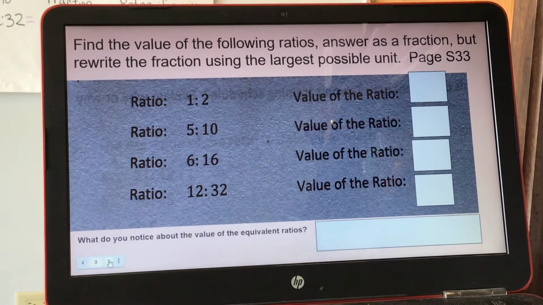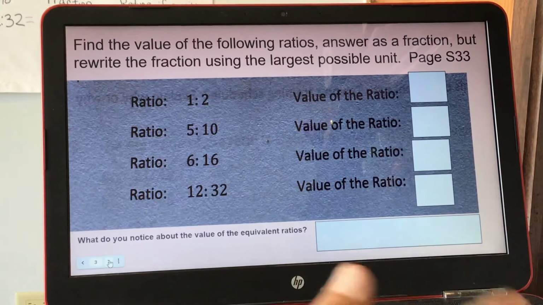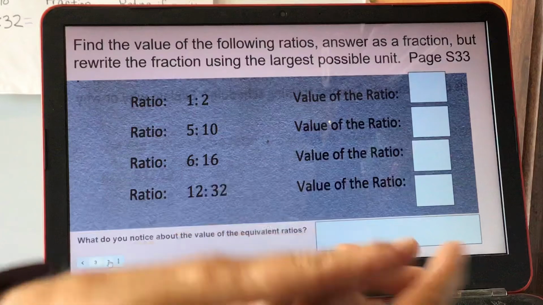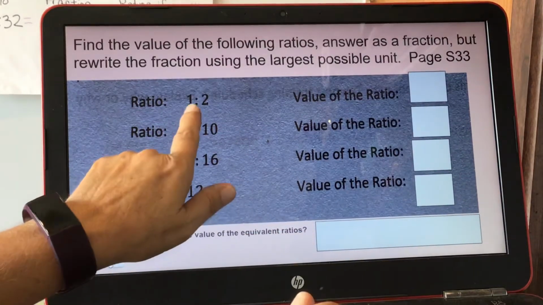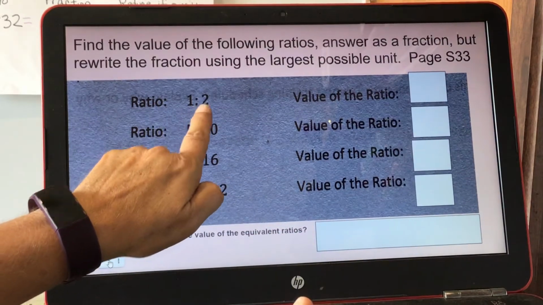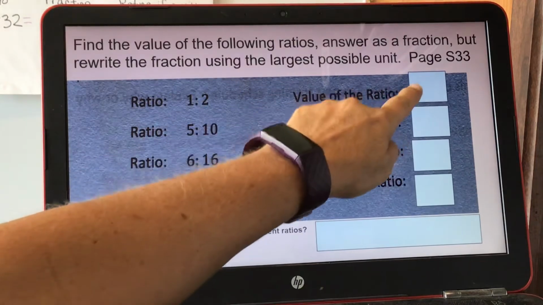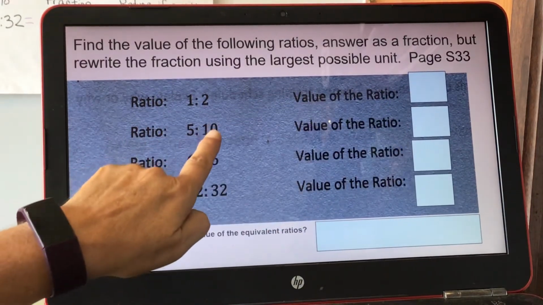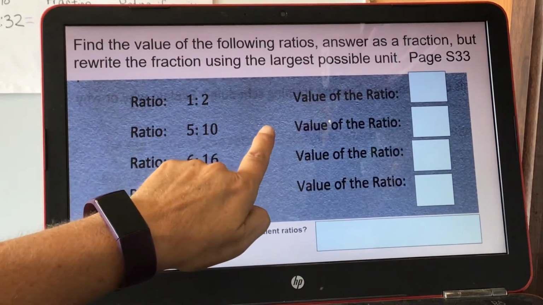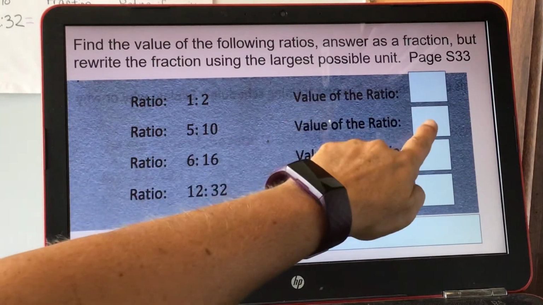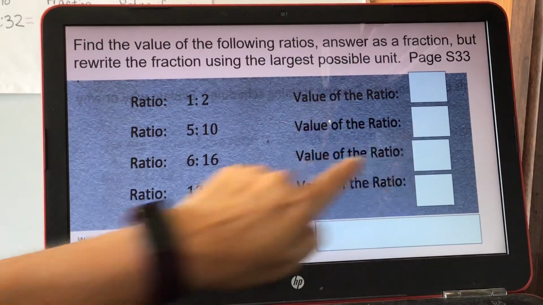Okay, so it says find the value of the following ratios. Answer as a fraction, but rewrite the fraction using the largest possible unit. This is also on page S33. So ratio 1 to 2 would be 1 over 2. Ratio 5 to 10 would be 5 over 10, but you would reduce it, and we reduced it to 1 over 2.